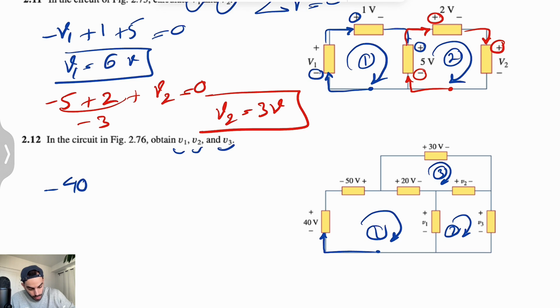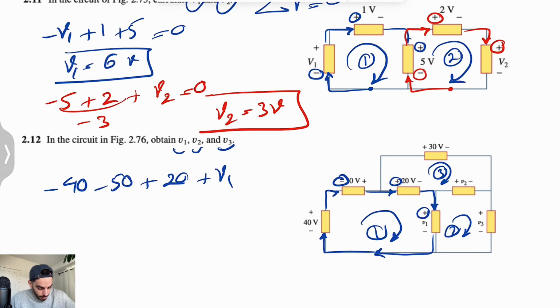So -40, again, -50, and here we're going to pass to this one, which is positive, so +20, and we're going to come here, plus V1, and get back to our point, so equals 0. This is -90 plus 20 is 70, so V1 is 70 volts.